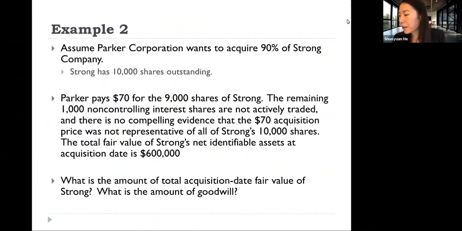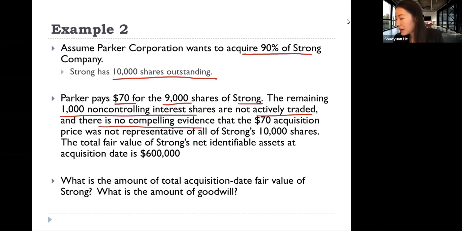In this example, Parker wants to acquire 90% of Strong. Strong has 10,000 shares outstanding. Parker paid 70 for the 9,000 shares of Strong. The remaining 1,000 non-controlling interests are not actively traded, so it doesn't have an active market.